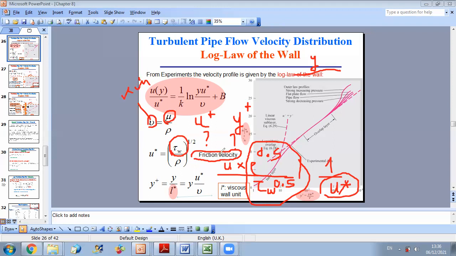So if you form your group between rho, tau, and the third variable, mu, you will get that your result will be the following: y times rho, over mu, times tau to the power 0.5. Please try to do it as practice on groups.